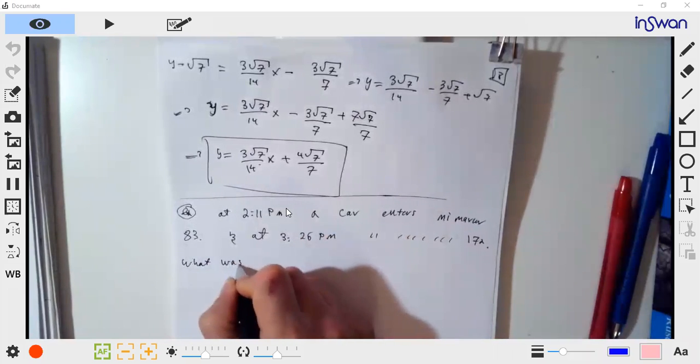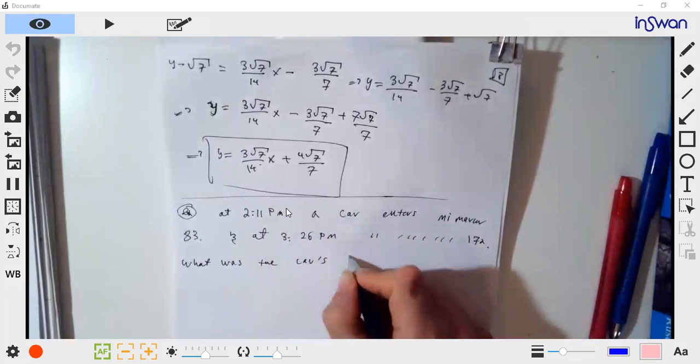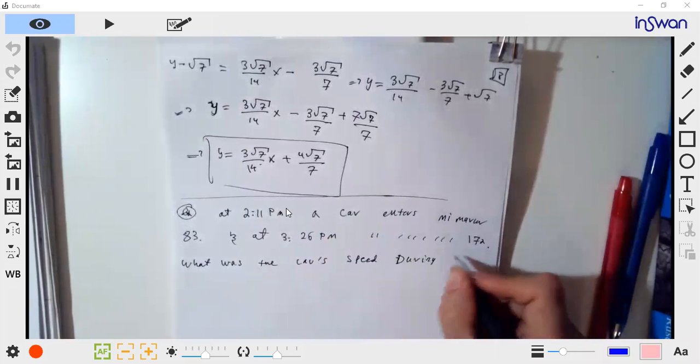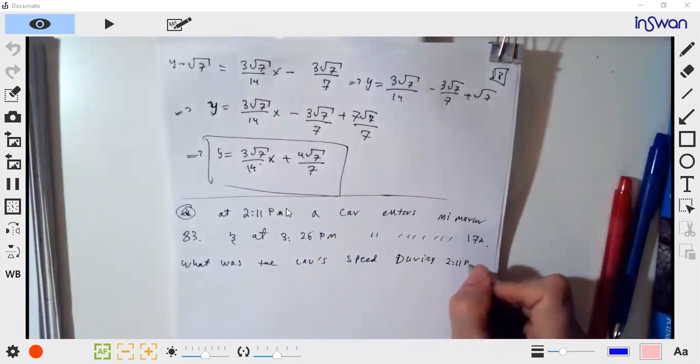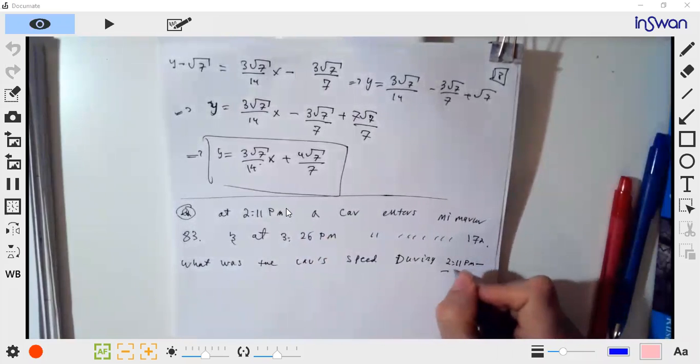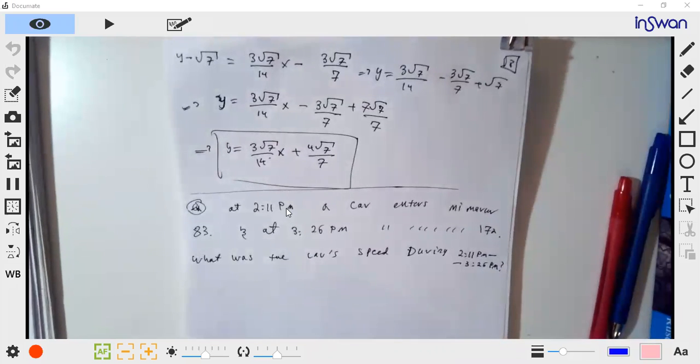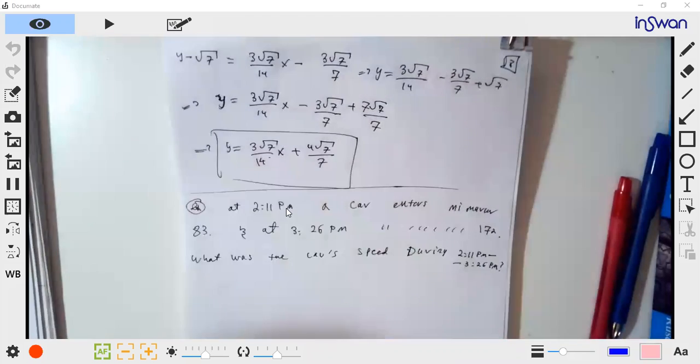What was the car's speed during the interval 2:11 p.m. to 3:26 p.m.? The answer is you can't determine what the car's speed was at any given time. You can only determine what the car's average speed was to have traversed that distance, right?